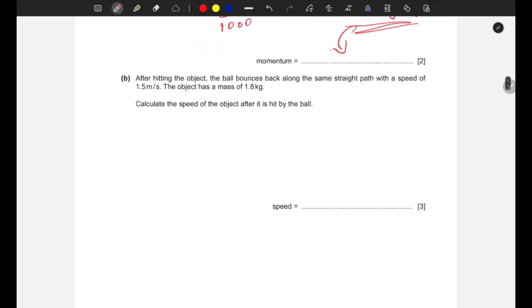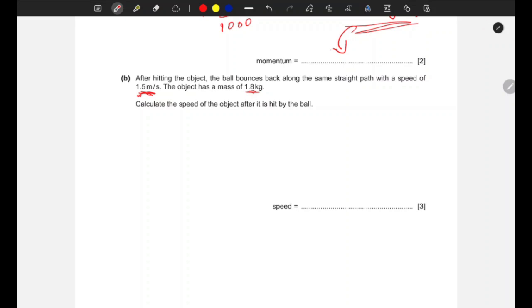Part B. After hitting the object, the ball bounces back along the same straight path with a speed of 1.5. The object has a mass of 1.8 kilograms. Calculate the speed of the object after it is hit by the ball.